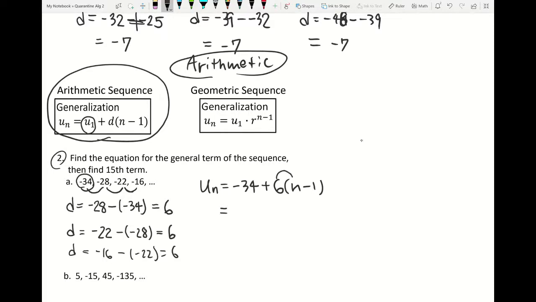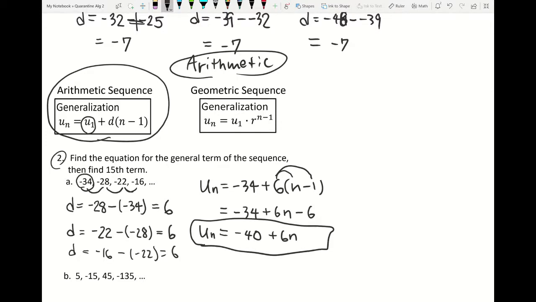So we have to distribute this 6 and simplify. So let's do that. Negative 34 plus 6n minus 6. Negative 34 and minus 6, that can be combined as negative 40 plus 6n.